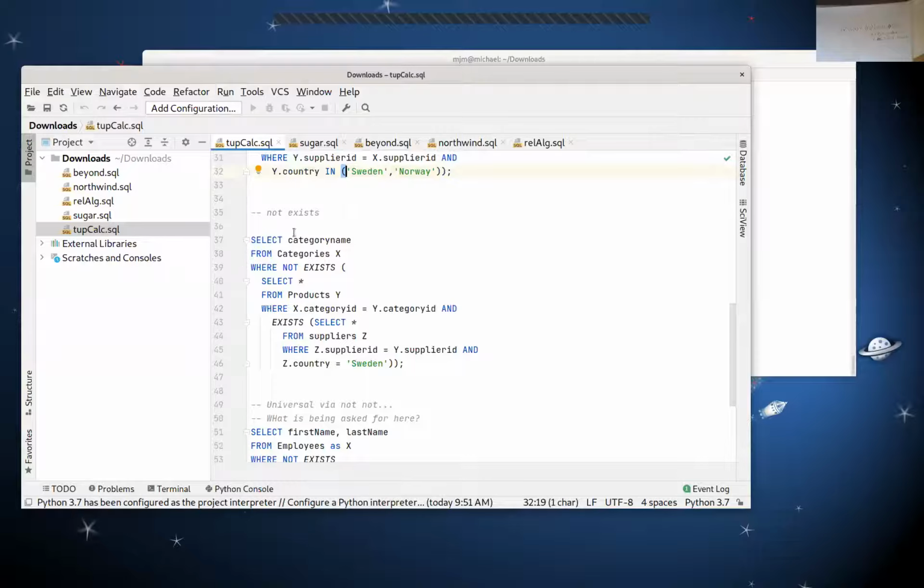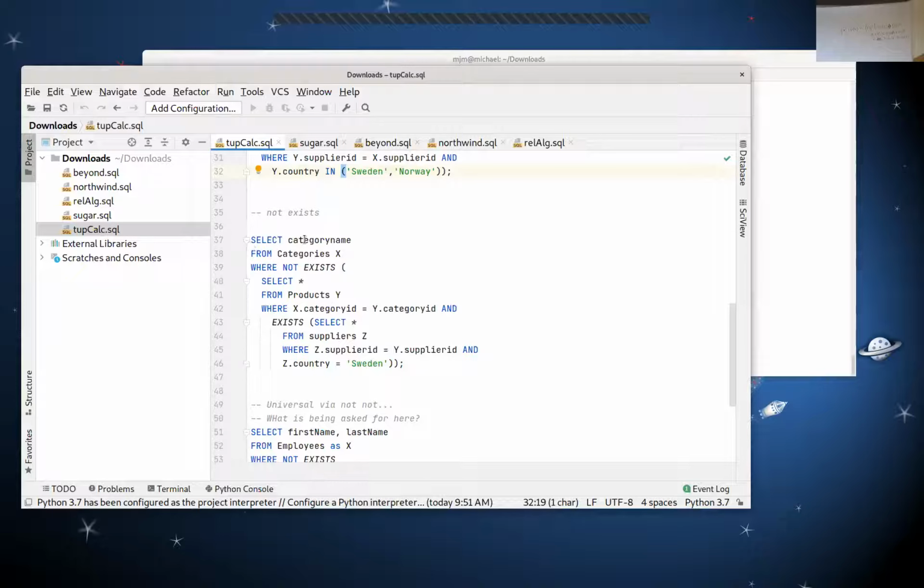So what is this saying here? The category names, where it's a category, and not exists a product where the supplier is Sweden. Do people understand what this is?